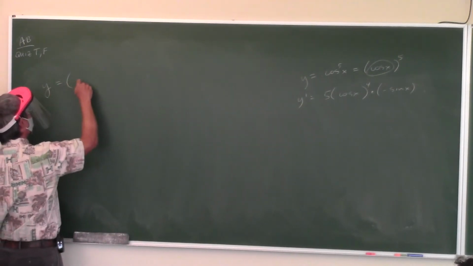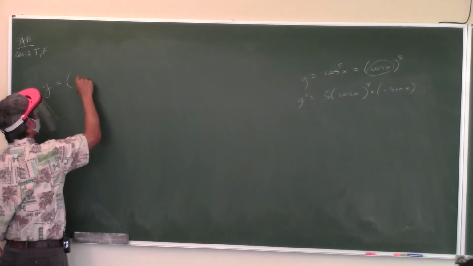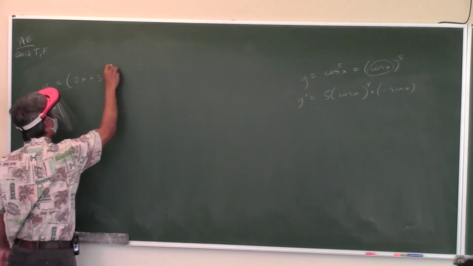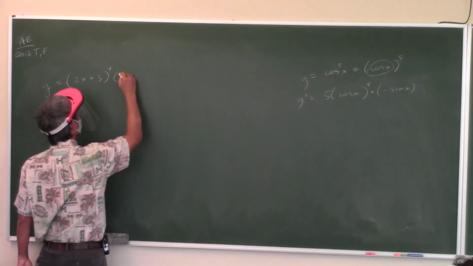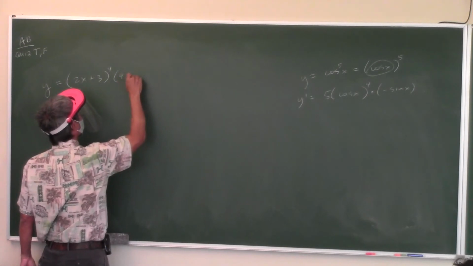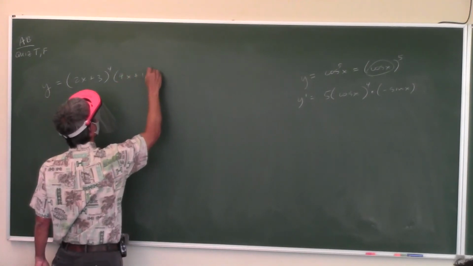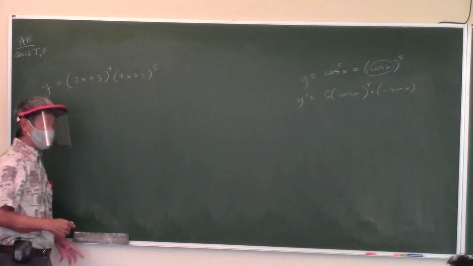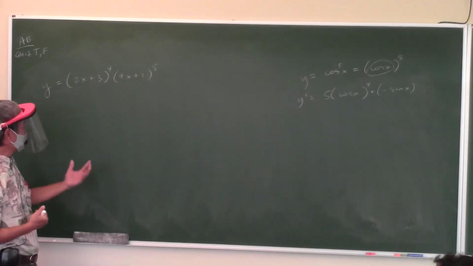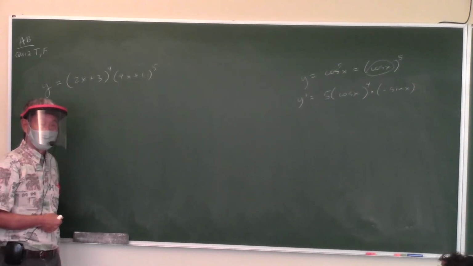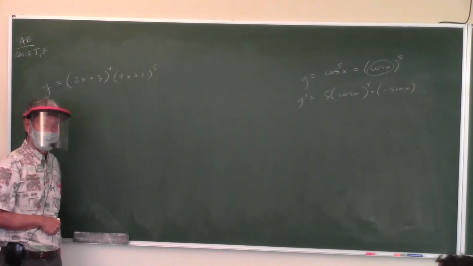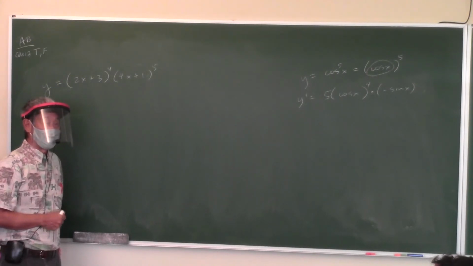y equals, okay, we're going to kick it up a notch already. 2x plus 3 to the 4th times 4x plus 1 to the 5th. Now, before we learned the chain rule, the only way we could take the derivative of this is to multiply it out, and that would be crazy. Now what am I seeing here?